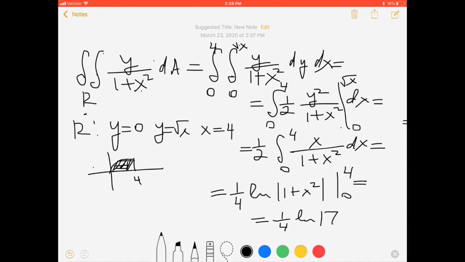But how does my solution change if I'm taking a different order? Try solving the same double integral, but we had the order of integration dy dx, which means first we integrate for y, then we integrate for x. Now I'm changing. I'm looking at what happens if I integrate first for x and then for y.